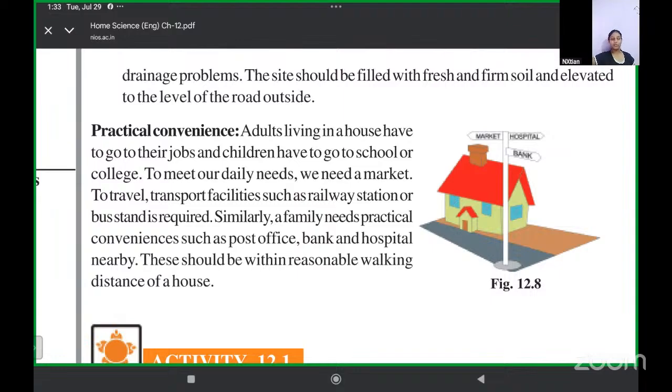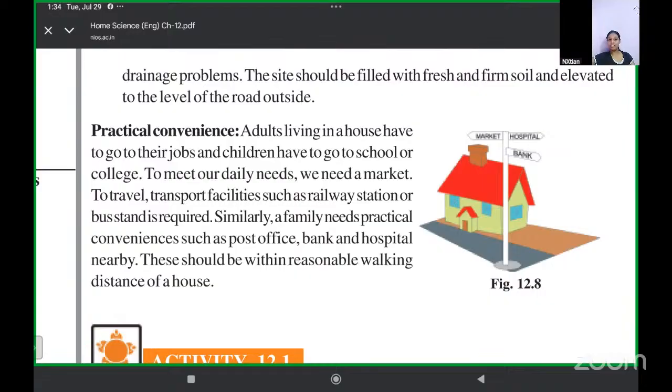So that if there is an emergency, imagine there is no hospital nearby and there is a medical emergency, where will you go? Taking them to the hospital immediately would not be possible. It would take time. Then banks also, suppose you need money urgently.